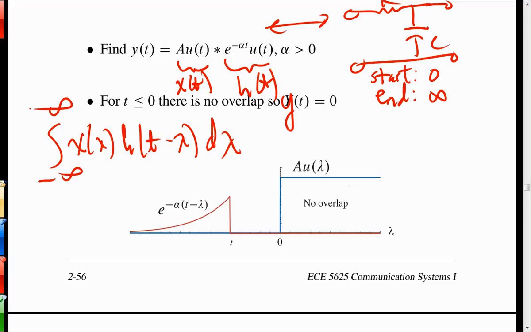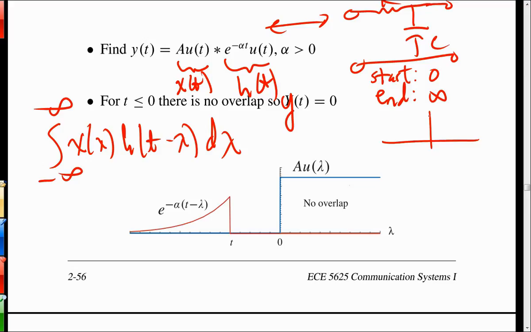Because it's an exponential that starts at 0 and goes off to infinity, when it flips over, it spins around, and now it's running in the opposite direction. And t on the lambda axis is actually 0 on the original t axis when I flip it around.